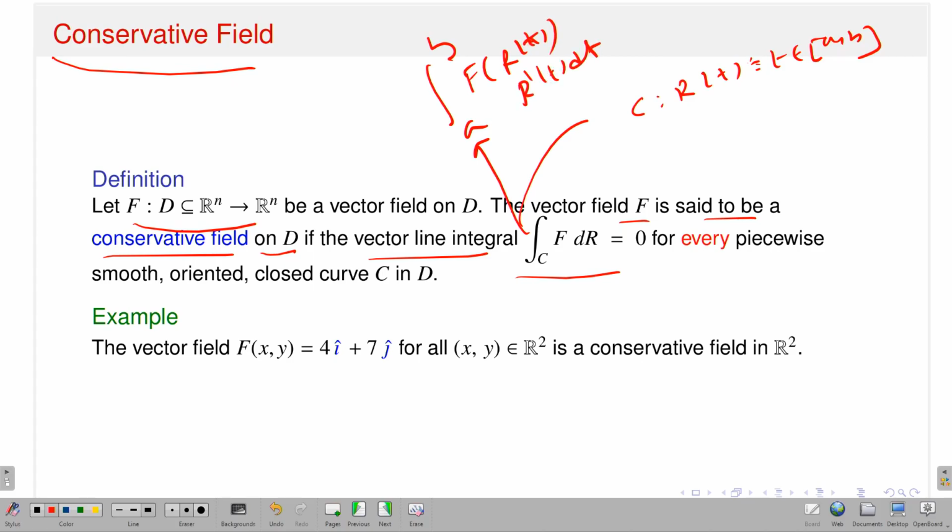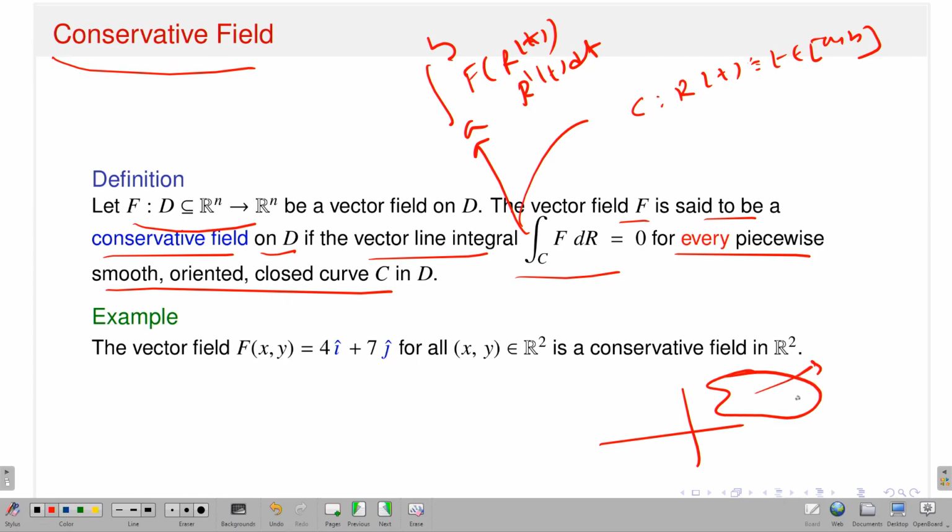So, I will say that a vector field is a conservative vector field in the domain if, for every piecewise smooth oriented closed curve C in D. Suppose I am in R2, and this is my vector field, with a vector associated at each point. If I take any piecewise smooth, say, suppose this is my C, then every piecewise smooth oriented closed curve C in D, or something like that.